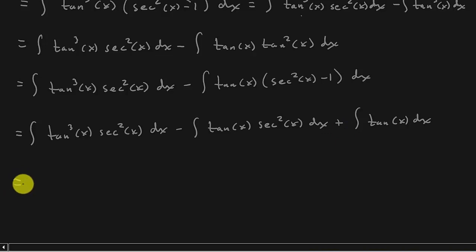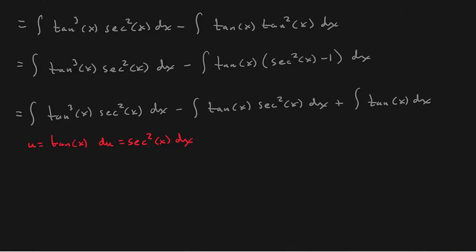All right, so now let's go ahead and do some u substitution. Let u equal tangent x. So du is equal to secant squared x dx. And look at that, I can actually use that for both of them. You see that?